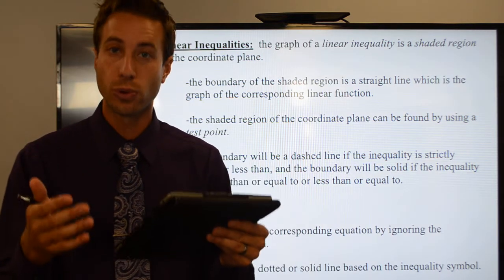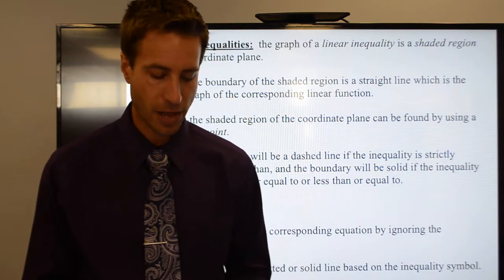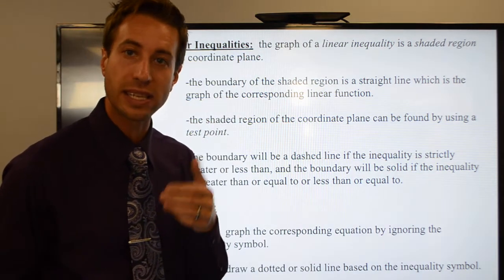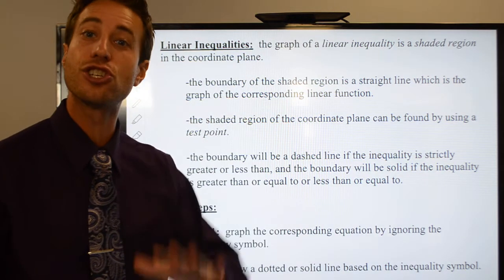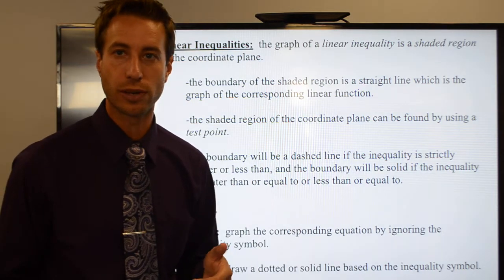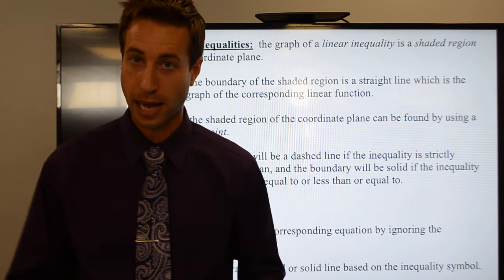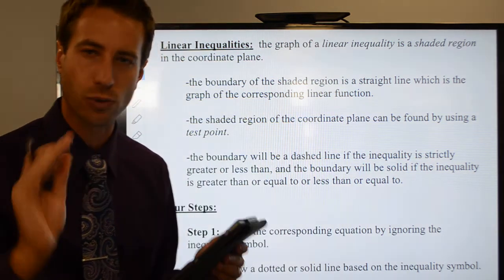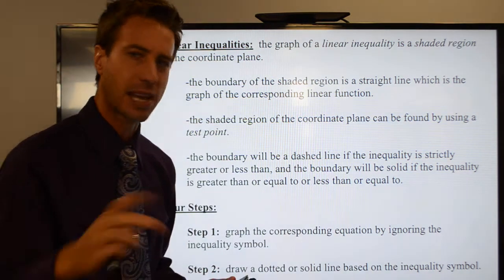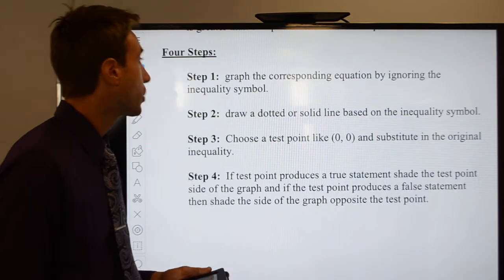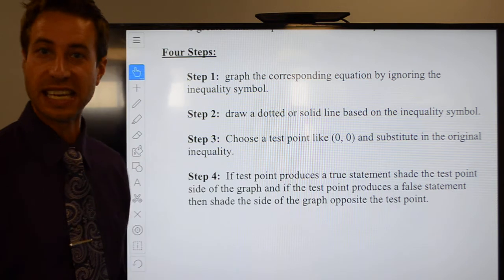It gives you a true statement. So that's what we're going to be working on here: graphing both linear inequalities and absolute value inequalities and shading the appropriate region of the graph. The way that we do that is actually 4 very simple steps. Let's refresh ourselves, run through those 4 simple steps, and then we'll actually do some graphs. So here's how you guys are going to graph these inequalities.